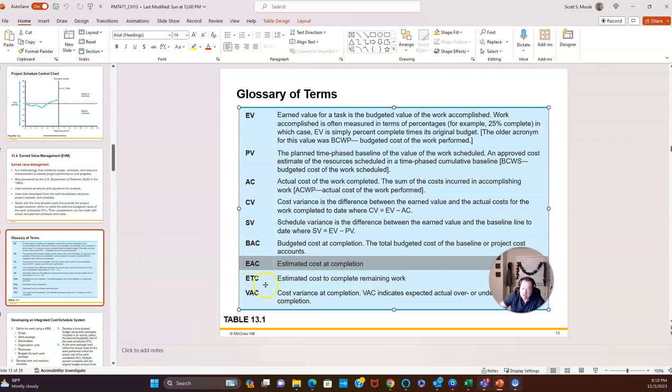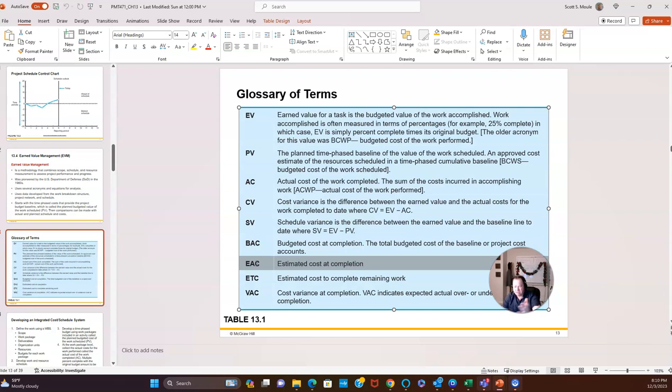Now, ETC, estimate to complete. So let's say you have a $1 million project that's going to last 12 months, you're 6 months into it, and you've already spent 700,000. So your actual cost is 700,000. You have 6 more months to go. Based upon what you still have to deliver, you think it's going to cost another 500,000.